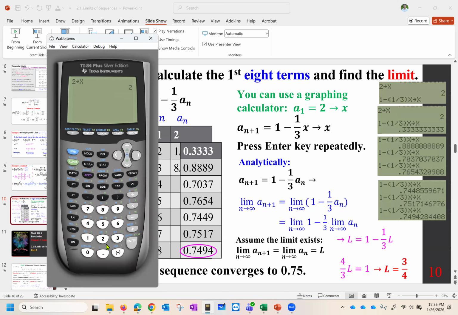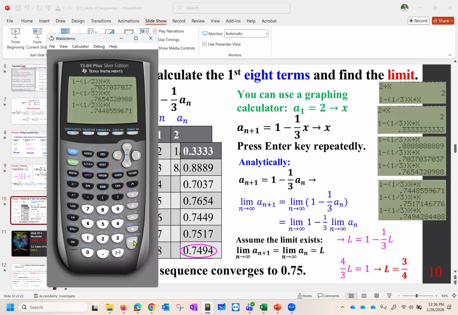And then 1 minus the parentheses 1 divided by 3, close parentheses, X. This is 1/3 X. Now store this in X. And if you enter, you see the first number 0.3 bar. The next one is 0.8 bar, and the next one, and the next one. And I'm going to show you a couple more.